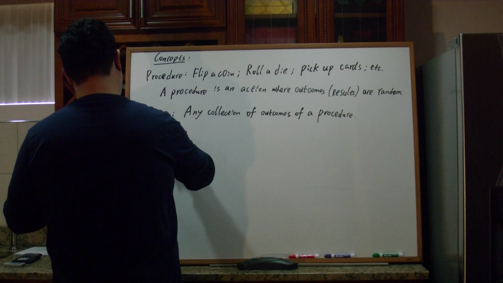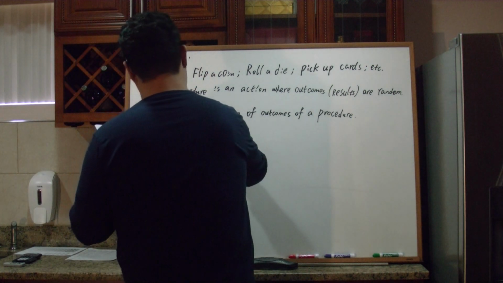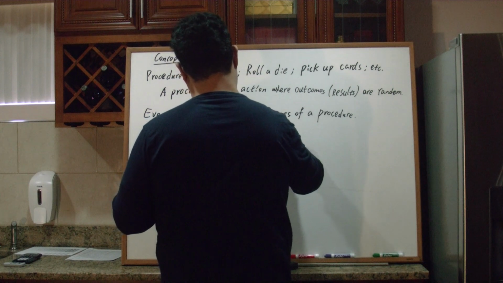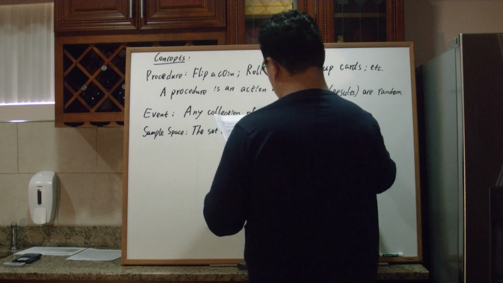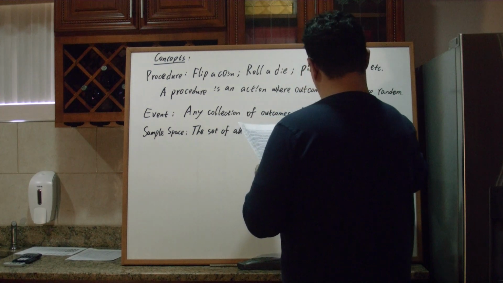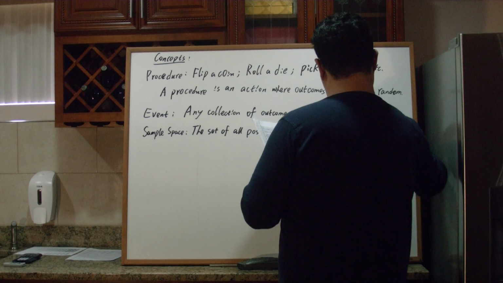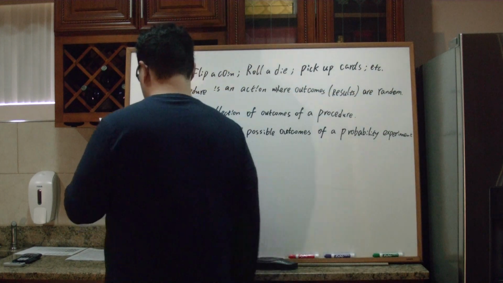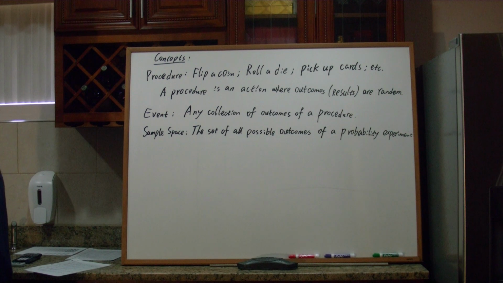And the sample space is the set of all possible outcomes, especially of a probability experiment.